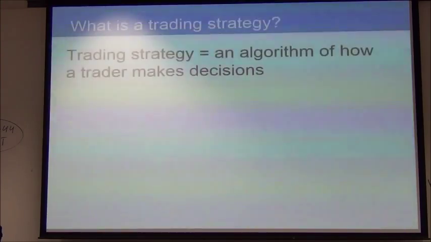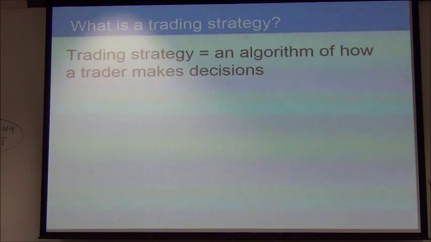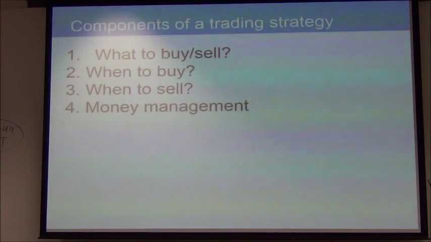So this is the reminder from the previous class. A trading strategy, this is a sequence of steps how we make decisions about buying or selling stocks. And we know that there are four components of the trading strategy. And actually this is the exact slide from the previous class.